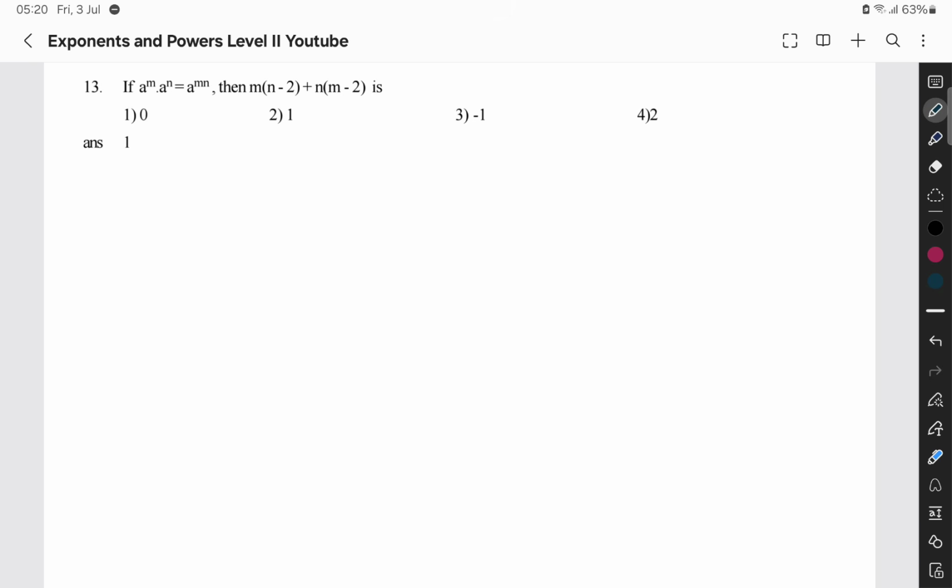See this. What is given to us? A power m into a power n is given as a to the power of mn.